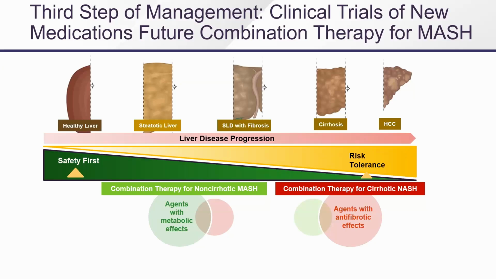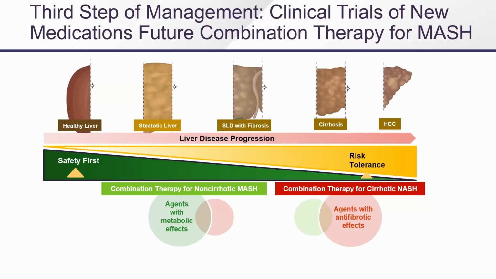So probably the future of steatotic liver disease is combination therapy. We're going to need to look at combination therapy of managing metabolic effects of liver disease combined with antifibrotic effects. And this has been true in HIV.